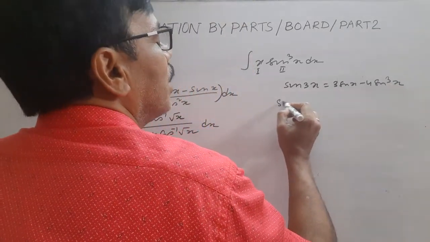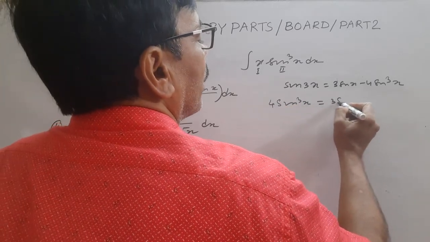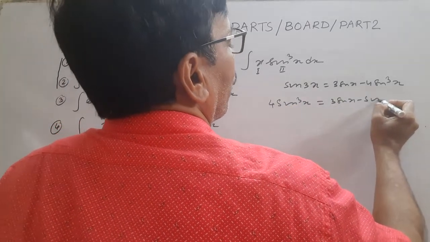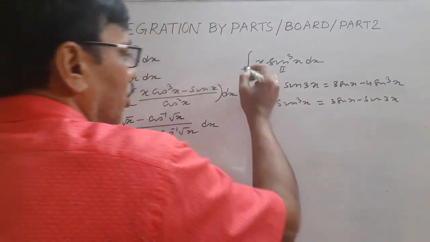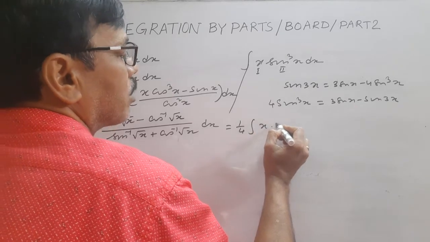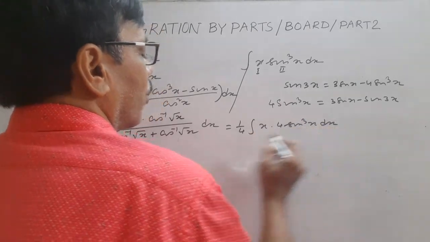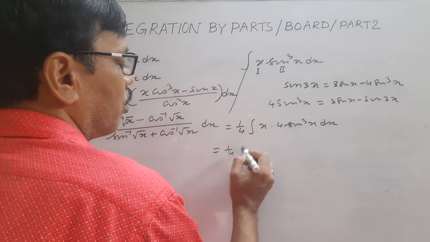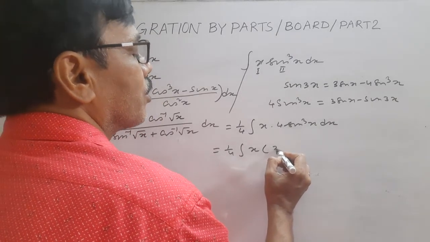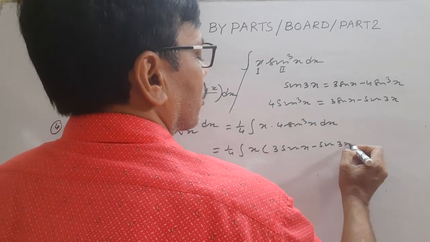So what is sine cube x? 4 sine cube x equals 3 sine x minus sine 3x. So this one equals 1 by 4 x into 4 sine cube x dx. So 1 by 4 x, this is 3 sine x minus sine 3x dx.